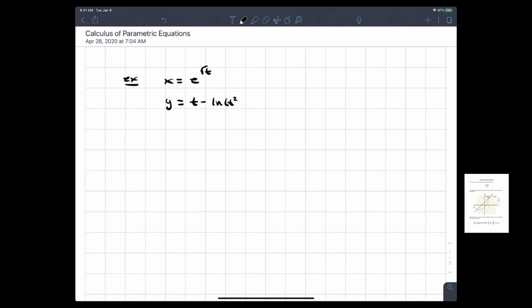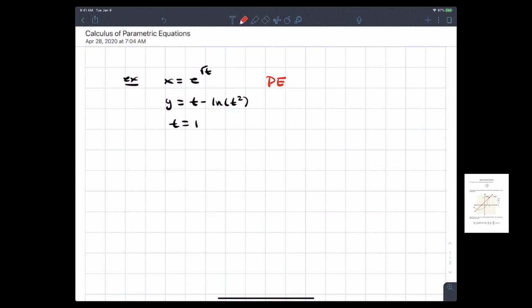Make sure that's natural log of t squared. Yeah, it looks like it is. Okay, and here's my parametric equation. T is 1. So I often just say PE for parametric equation here.